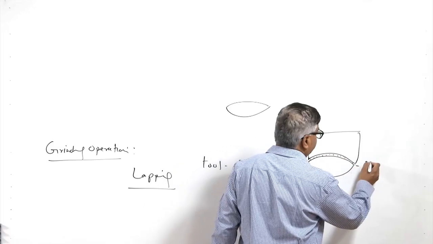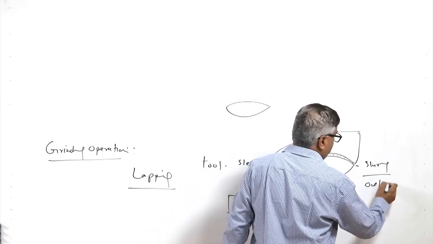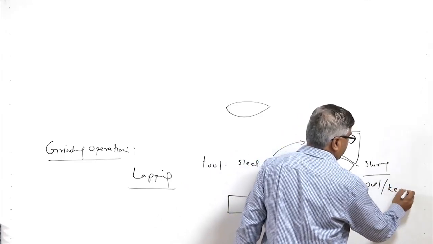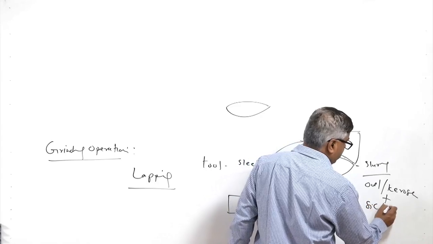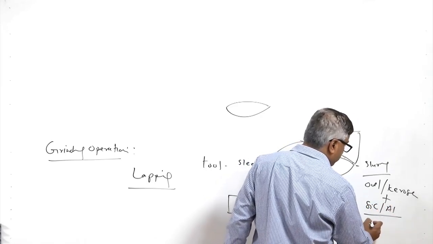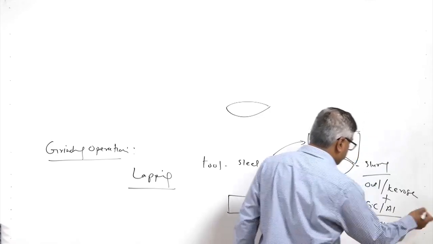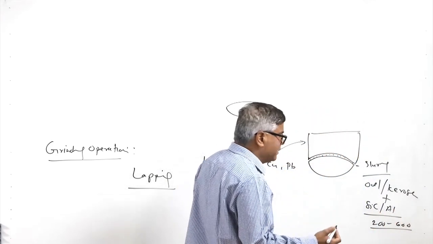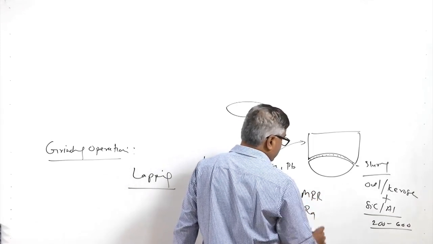This slurry comprises either oil or kerosene plus fine abrasives like silicon carbide and alumina, maybe 200 to 600 fine grit size abrasives, used depending upon the kind of MRR or Ra needed.